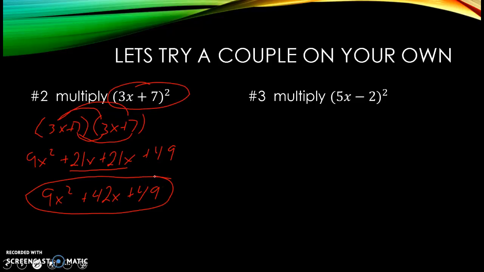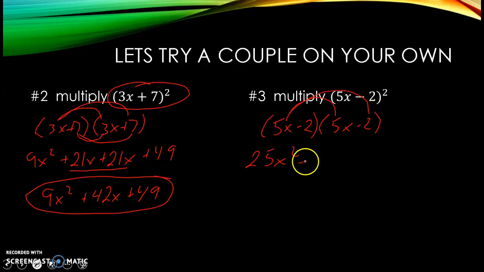And then if we move over and take a look at number 3, it's the same thing. That means we're going to have to take 5x minus 2 times itself, which is 5x minus 2. So here you want to watch your signs. 5x times 5x is 25x squared. 5x times negative 2 is negative 10x.